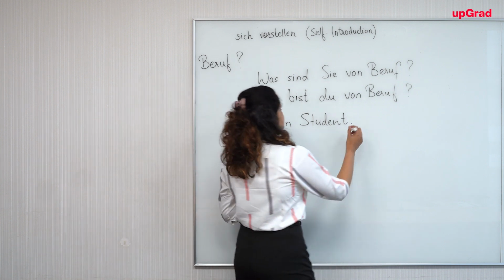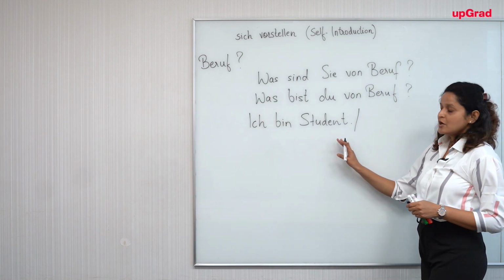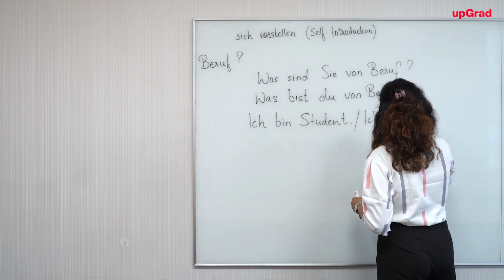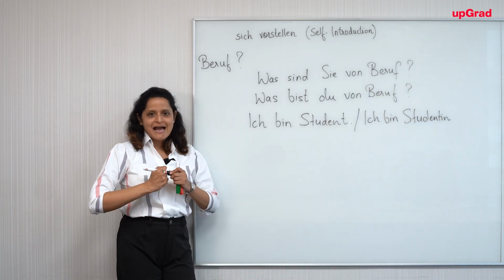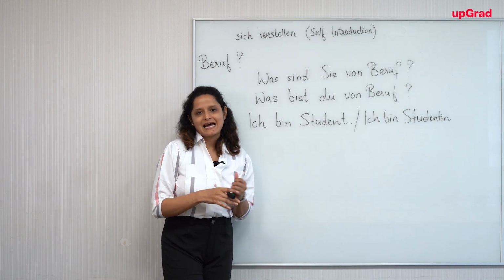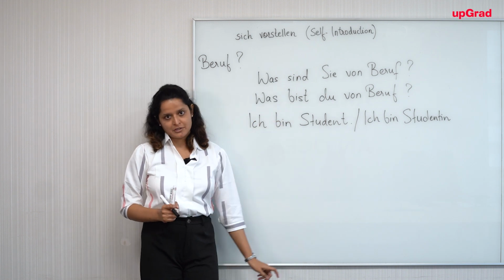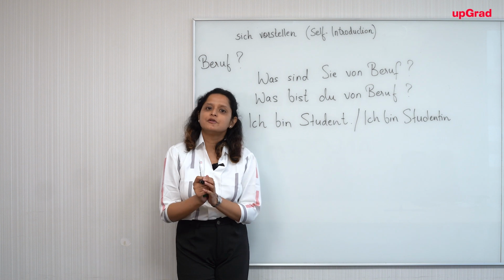Or if you are a woman or a girl, you can answer this by saying, ich bin Studentin. As we know, all nouns have genders. Same thing goes for professions in Deutsch. That is, if you are a man in that profession, there is one word for it.